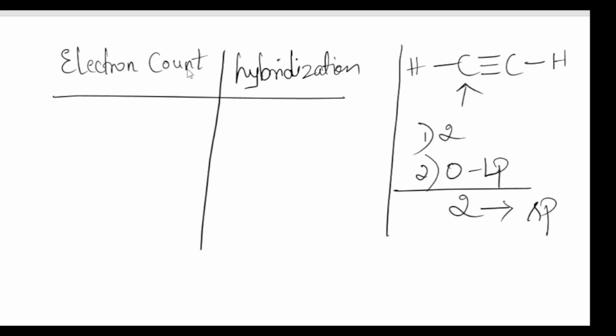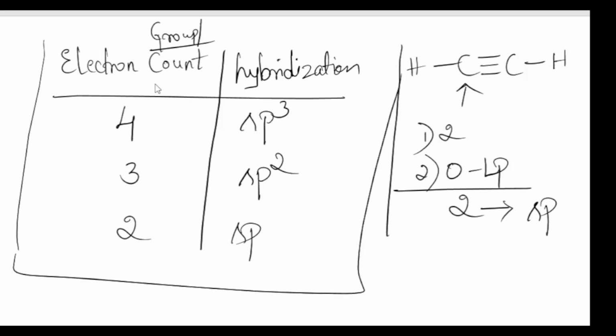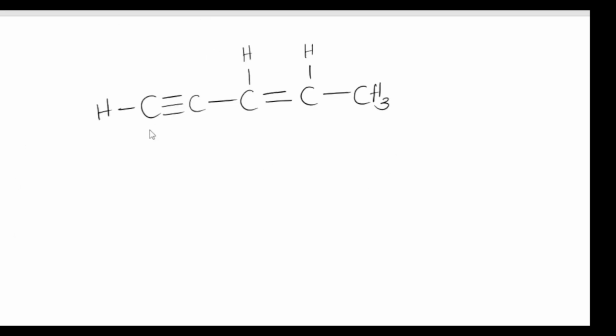Suppose the electron count, or electron group we can say, comes 4, it is sp3 hybridization. If it comes 3, it is sp2. If it is 2, it is sp hybridization. If we remember this table, it is more than sufficient for us to calculate the hybridization of any atom. Now we'll see the example.